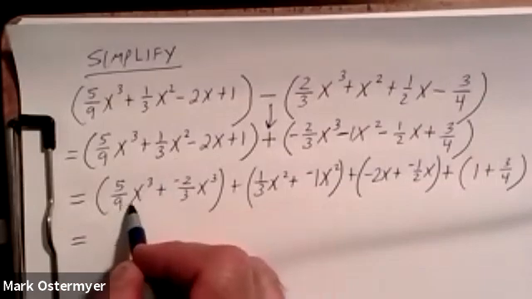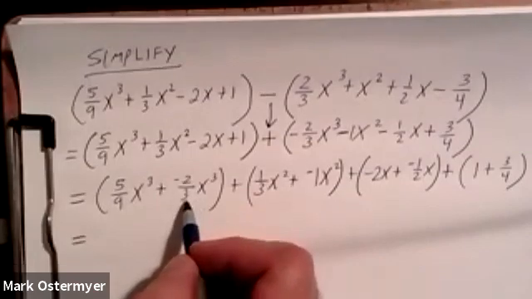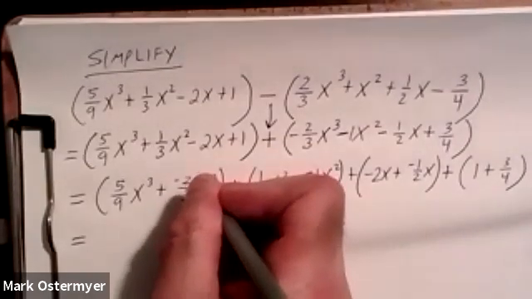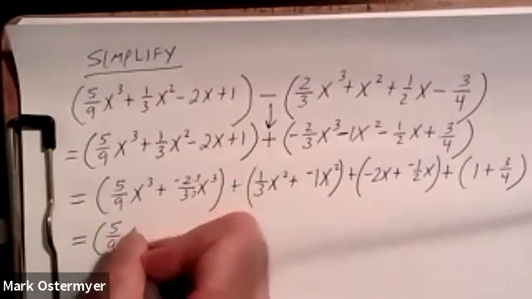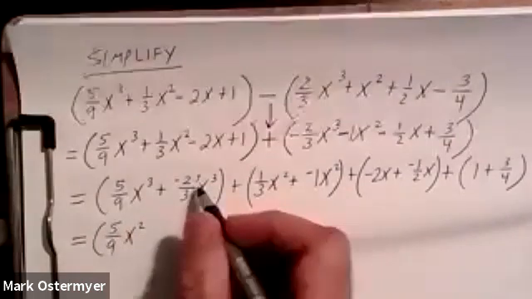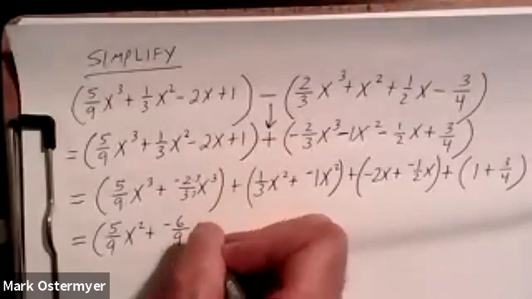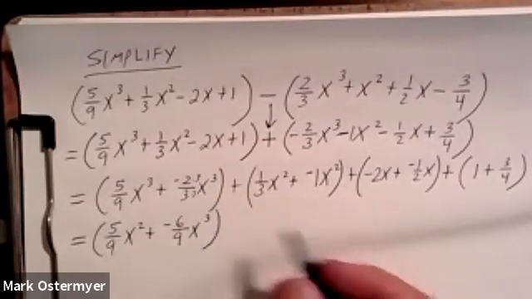This is 5/9 x cubed. This is negative 2/3 x cubed. To build this up to an equivalent fraction, we multiply the top and bottom of it by 3, to build this up into a negative 6/9. So negative 6/9 is equivalent to negative 2/3.